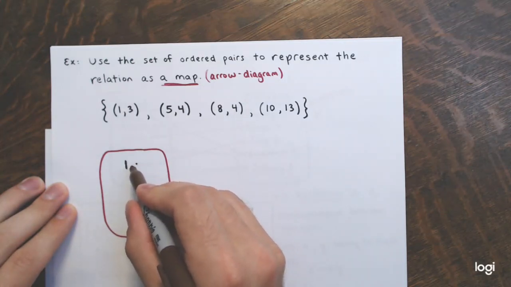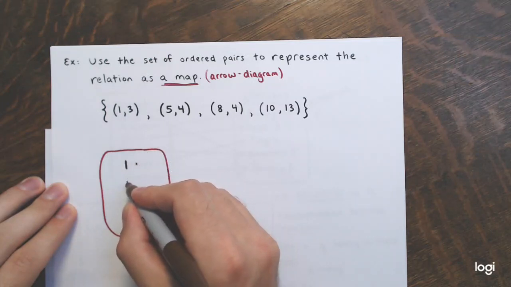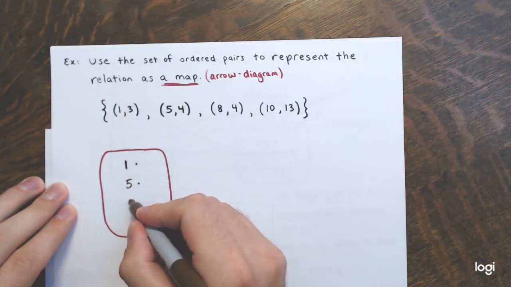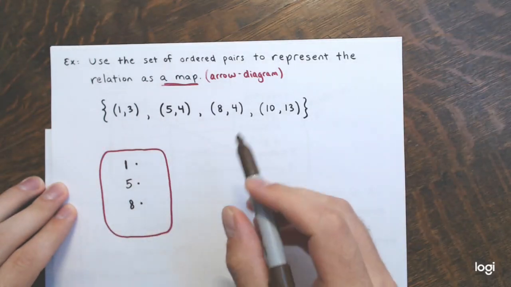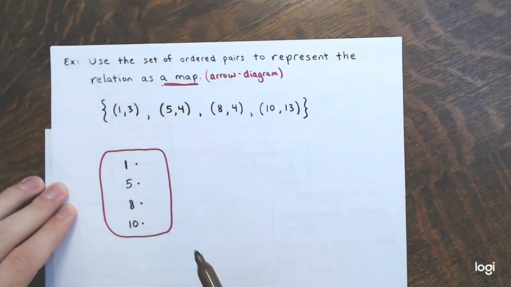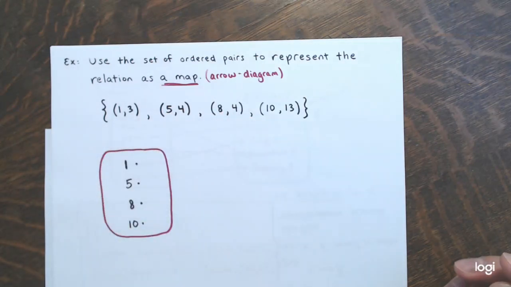That represents the element 1. 5 is in there, right? From the second ordered pair. 8 is in there, and 10 is also in there, and that looks like about it, right? Those are all the first elements, the first coordinates of my ordered pairs.